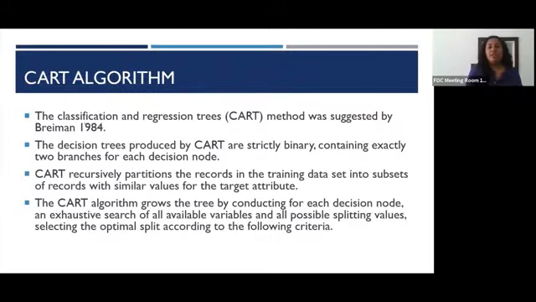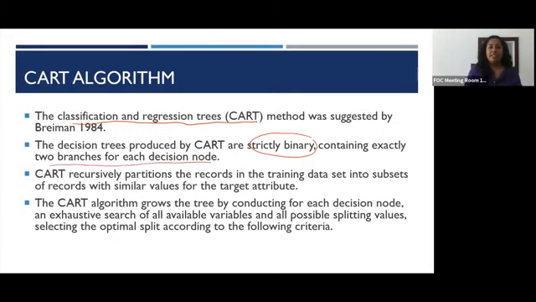So CART of course stands for classification and regression trees, right? The important thing is the decision tree produced by CART is strictly binary. That means every node has exactly 2 branches going out of the decision node, right?